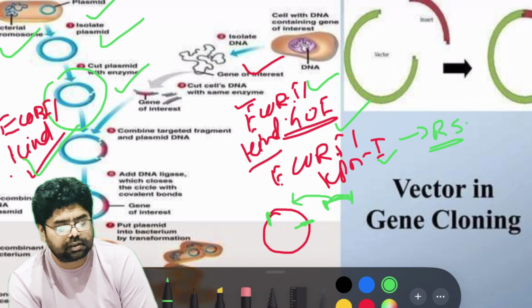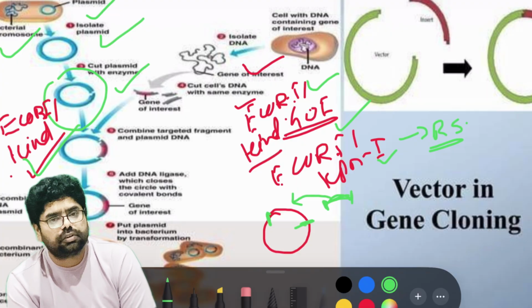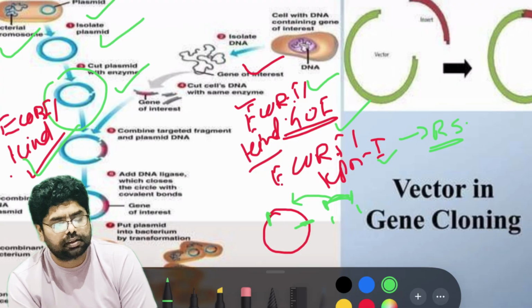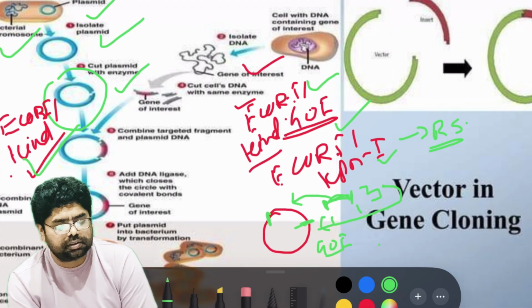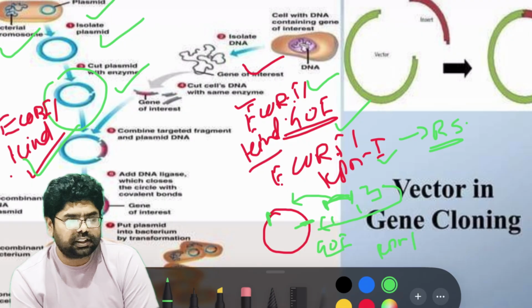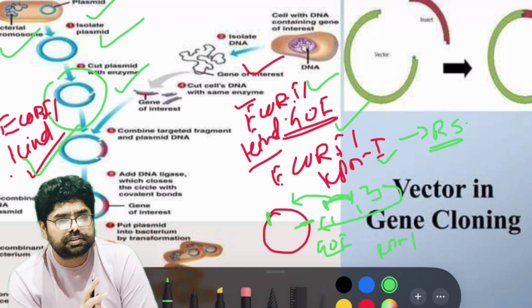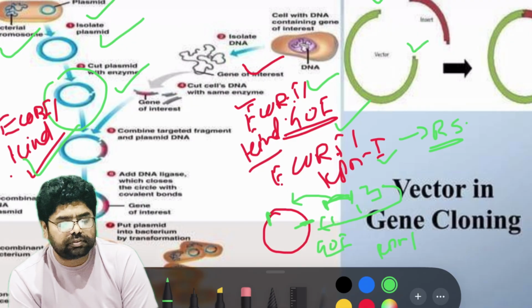The vector will be cut with EcoRI and HindIII, and your gene of interest will also be cut with EcoRI and HindIII. It should not be EcoRI and KpnI. Why? Because it will generate different ends, and your vector will not combine with your gene of interest, because KpnI has a different recognition site compared to HindIII. That's why we use the same restriction enzymes to create compatible sticky ends, so that the vector combines with your gene of interest.